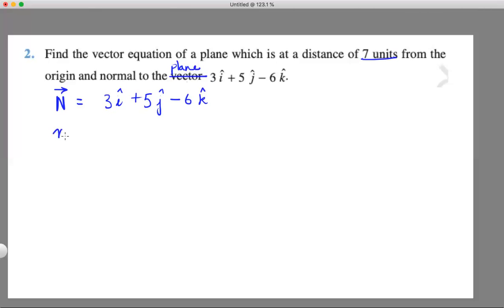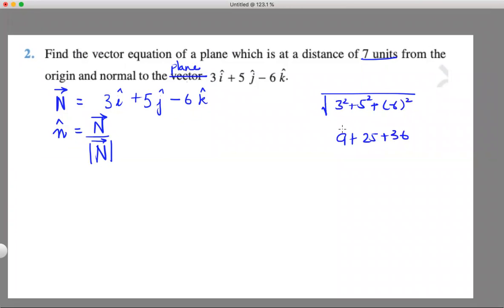Okay, we have to make the unit vector with it, which is dividing by the modulus. Now what is the modulus of this? Let's do it on the side. 3 square plus 5 square plus -6 whole square, which is 9 plus 25 plus 36, which is under root of 70.